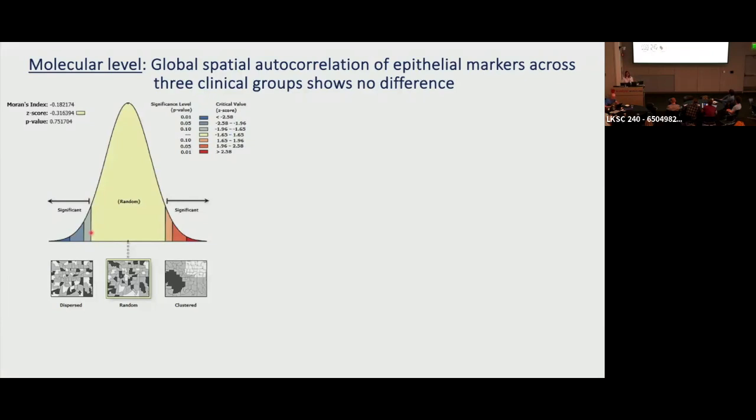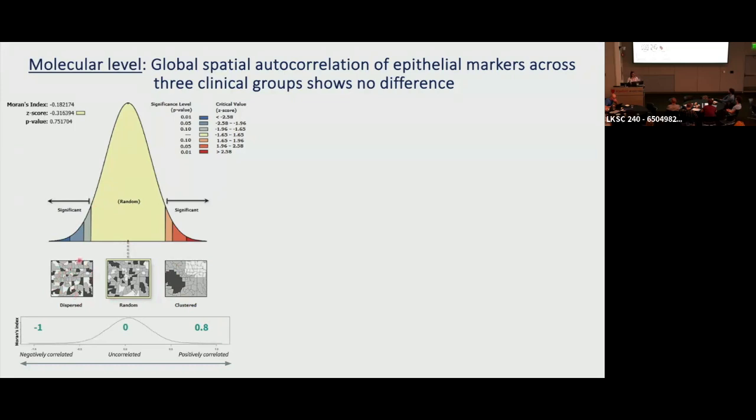That's from spatial statistics and used in GIS as well. It helps identify clustering patterns, whether nearby locations are similar, that gives us positive spatial autocorrelation, or nearby locations are dissimilar, like a checkerboard pattern, high expression of a marker in a cell.